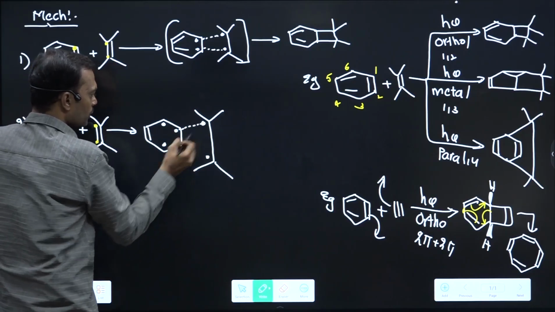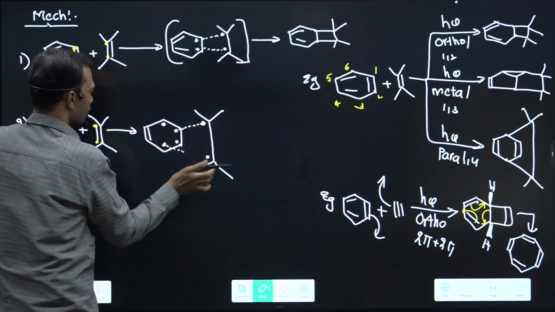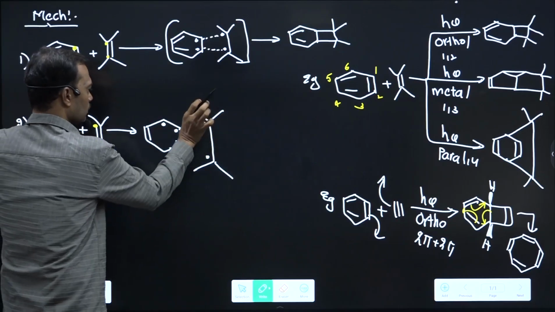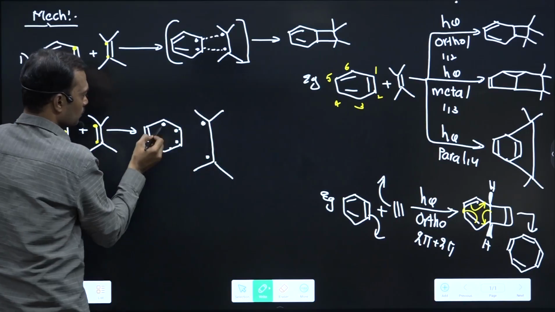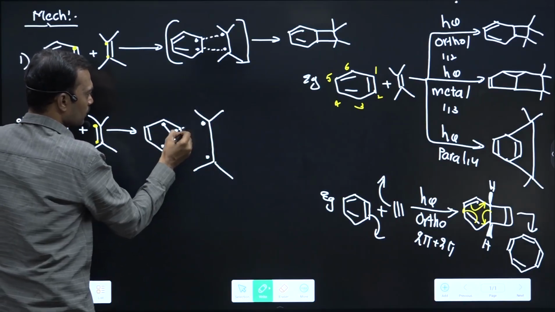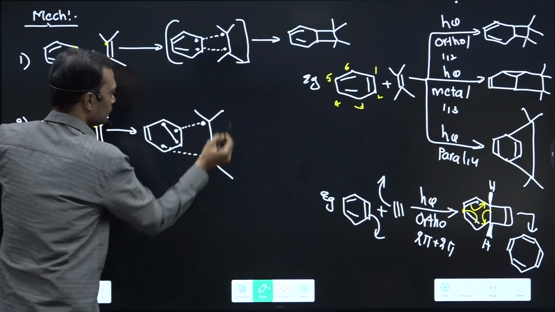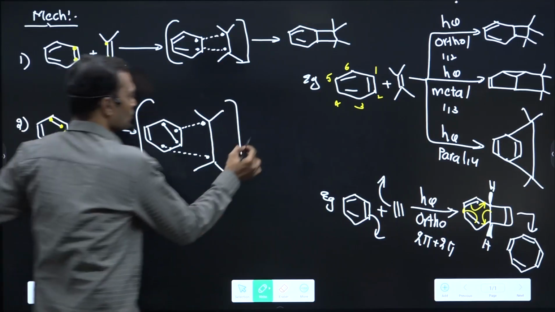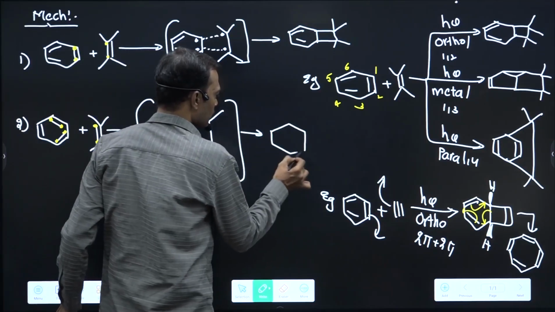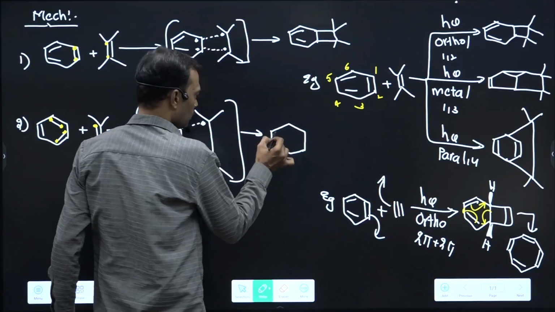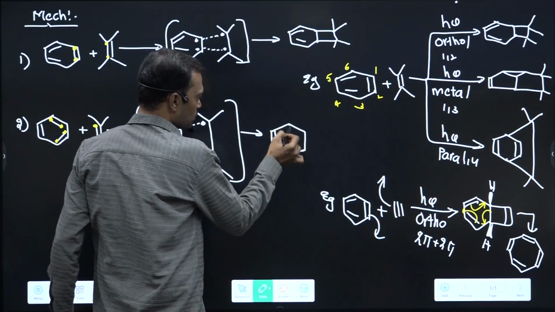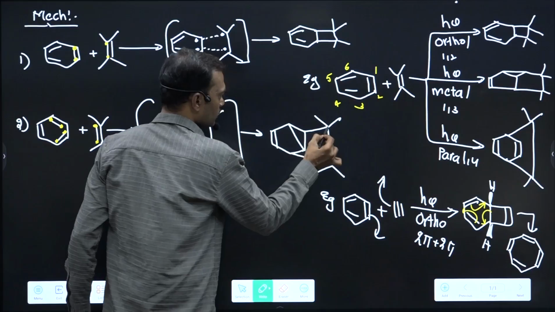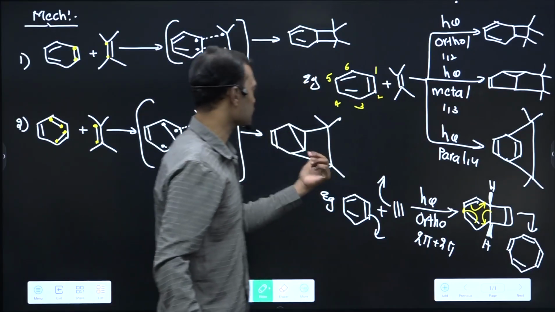Now these 2 will join here, and these 2 will join here. This is called meta addition. Meta addition you will get like this. You can write it with the benzene structure even, you can also predict. This is a double bond and there is a possibility of one more double bond here. You can also write this structure like this.